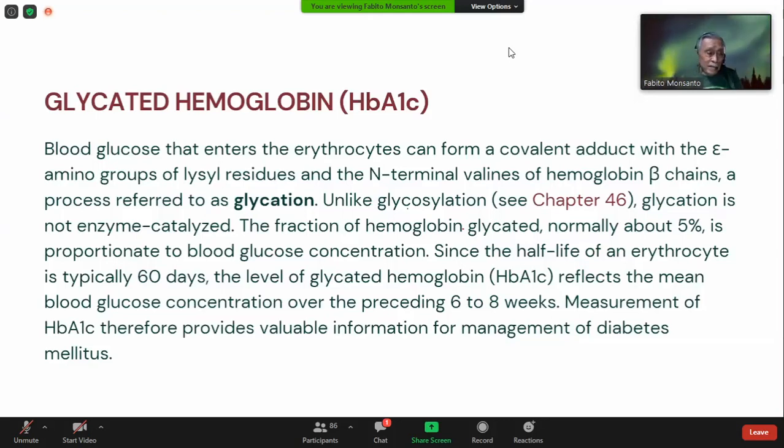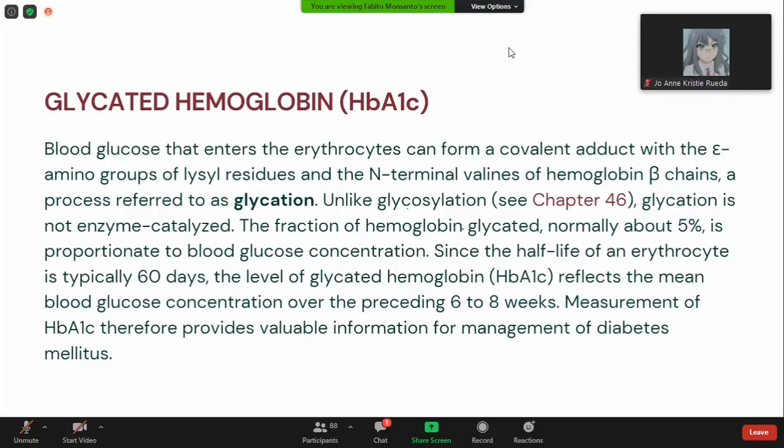Diba? Type 1 is a genetic disorder, and type 2 is adult onset. Type 1 is the inability of your pancreas to produce insulin. But type 2, it does not mean that you do not have insulin. You have plenty of insulin. But the problem is insulin resistance.